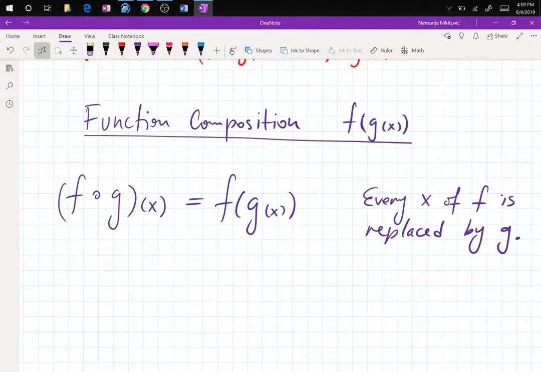So function composition changes the function, changes the domain of the function, because it changes the nature of the function. It can change the purpose.